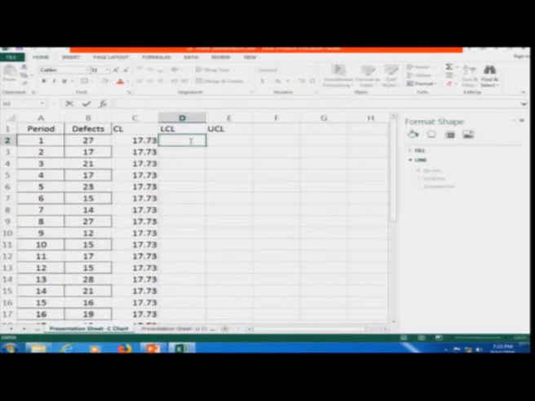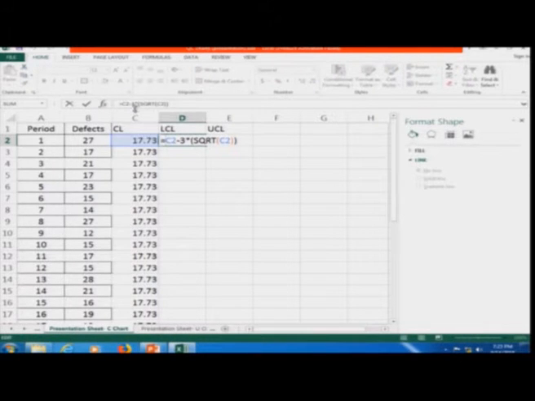Lower control limit is C bar minus 3 into under root of C bar. This is equal to C bar, this value minus 3 is the value of Z that I have selected, into square root of this C bar. Put a braces here and enter. Okay, yes. So it is 5.1.